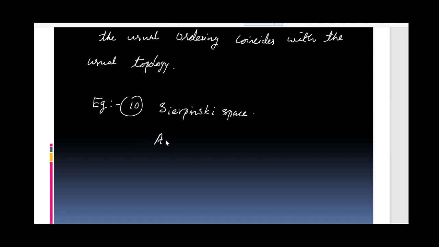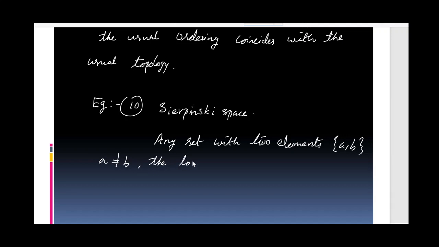Any set with two elements, a and b, where a is not equal to b, the topology consists of the empty set, the singleton set {a}, and the entire set.